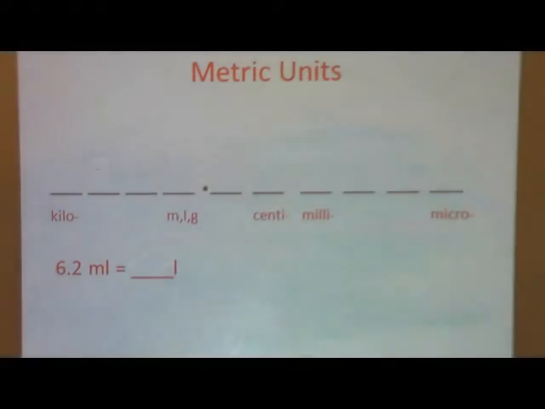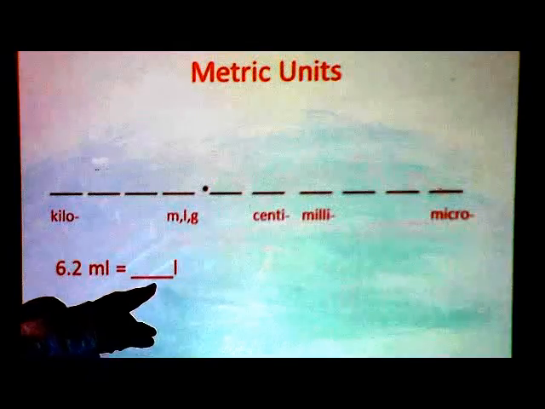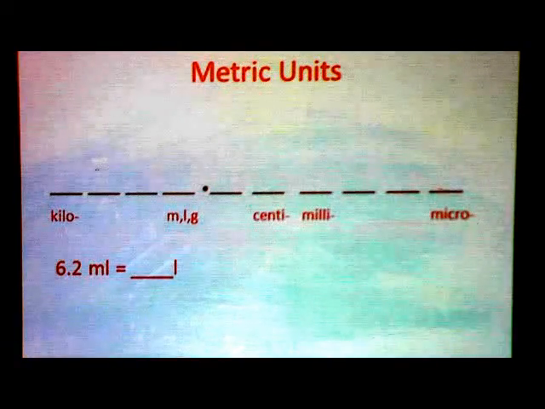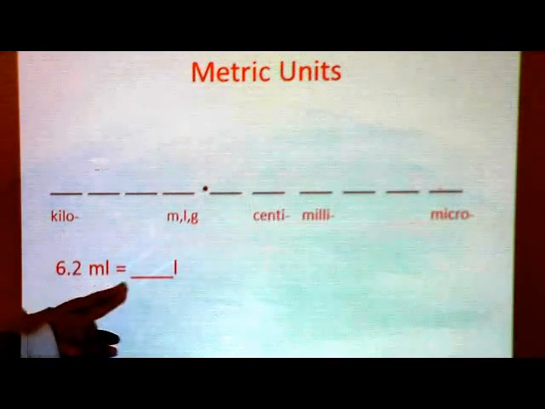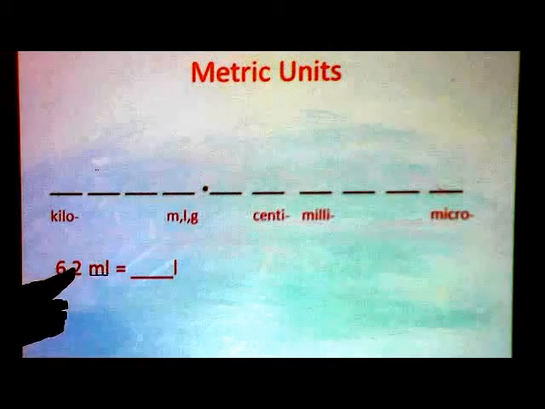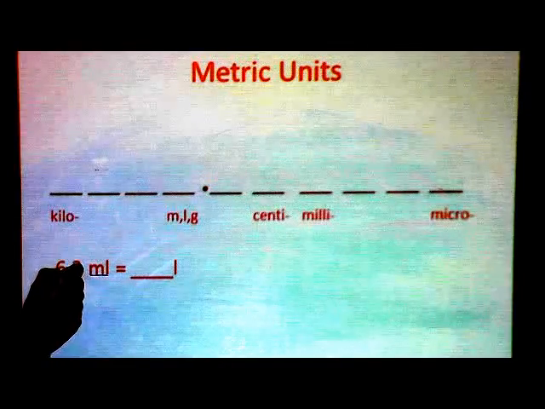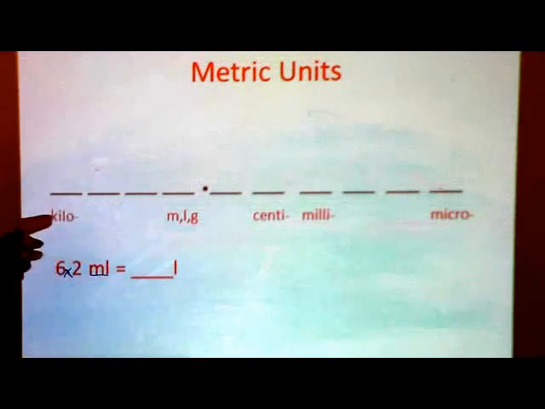The next problem asks me to find 6.2 ml in the liter column. So the same thing. Starting point is ml, right? So here we are, the ml. Where's the decimal point? Here it is. It's already given. 6.2. Make your number line.